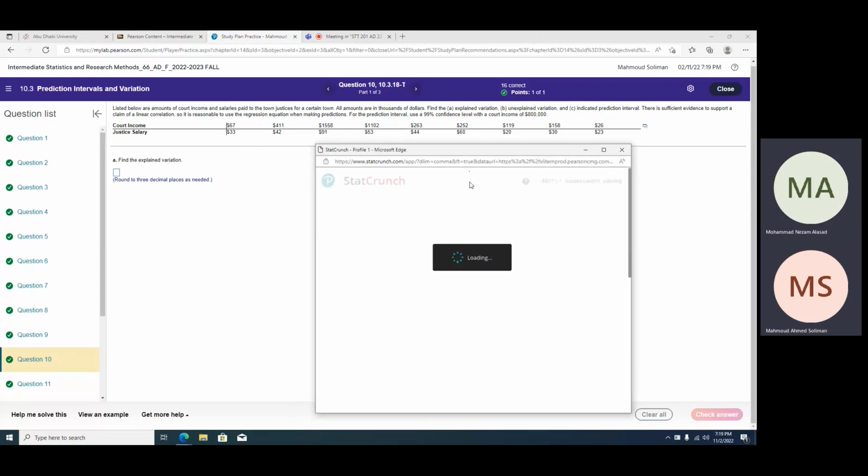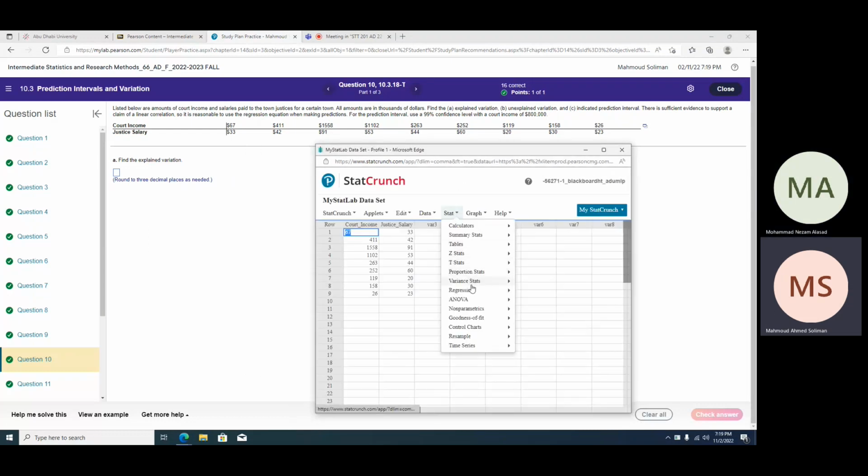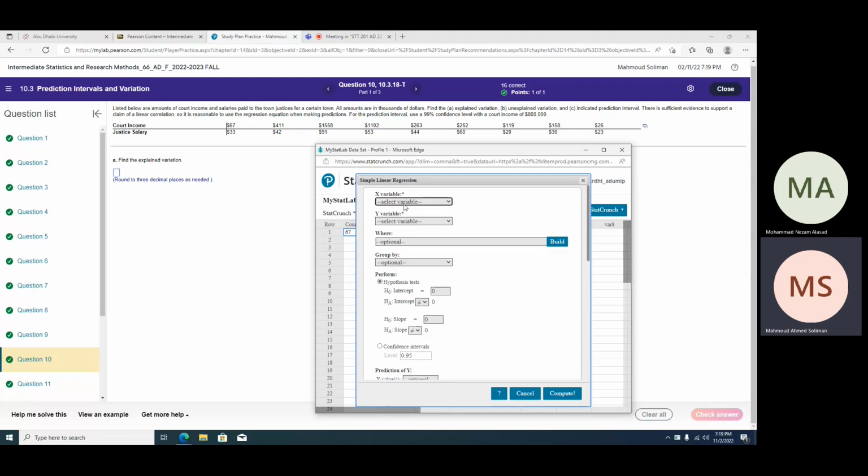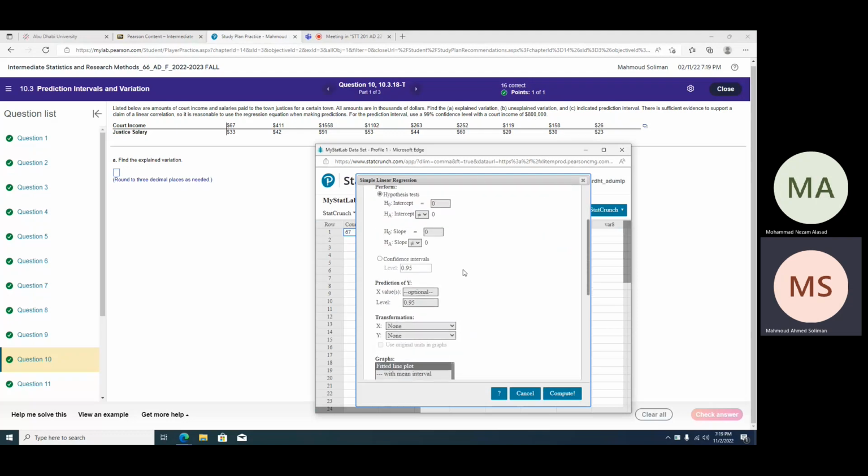Okay, so Stat, Regression, Simple Linear. X is going to be court income because we're going to put it in X. Y is just salary. We'll put here 800, because court income is in thousands. This means 800 thousand. If you put 800,000, it would be 800,000 thousand, like 800 million.